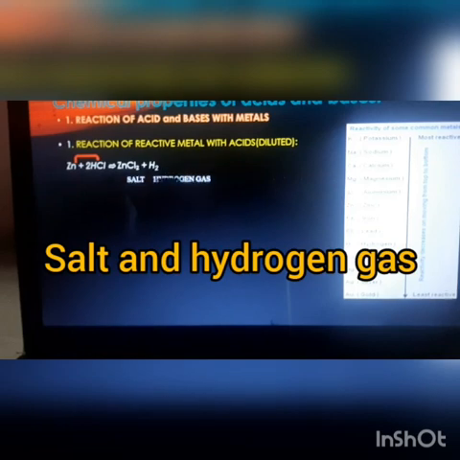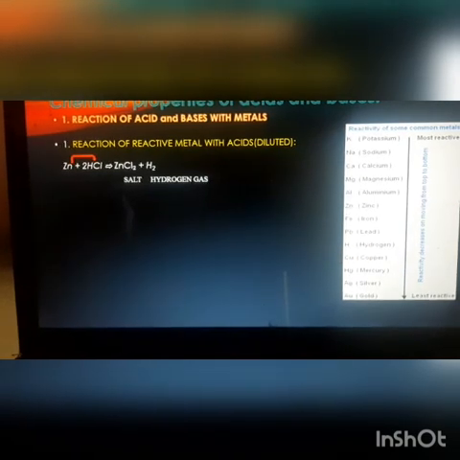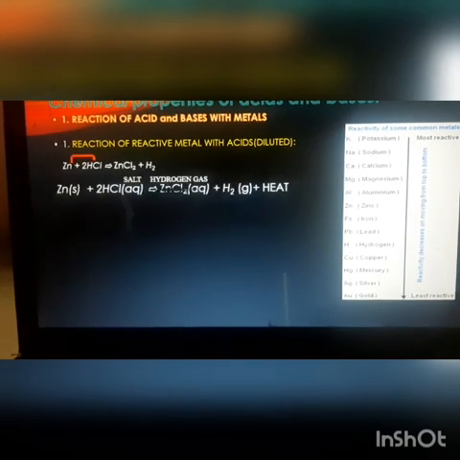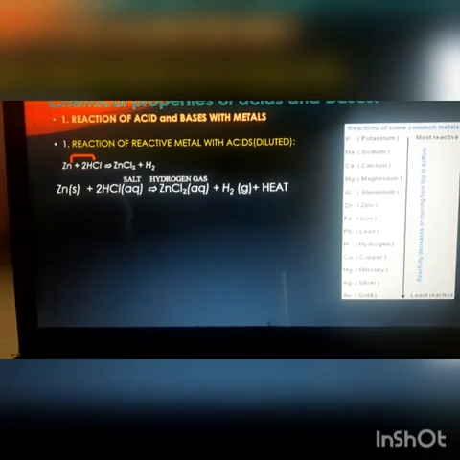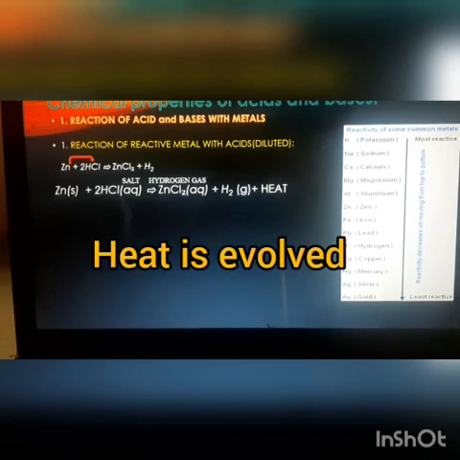This results in the formation of zinc chloride and hydrogen gas, and zinc chloride is a salt. So the complete reaction: when zinc reacts with hydrochloric acid, it results in zinc chloride and hydrogen gas is evolved.